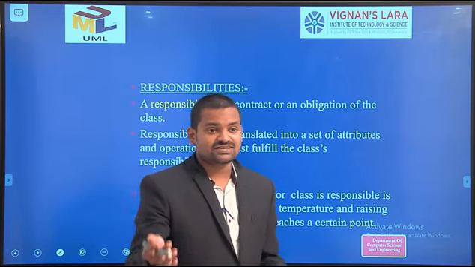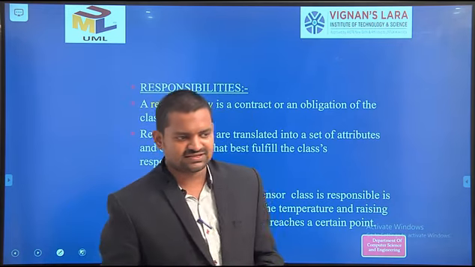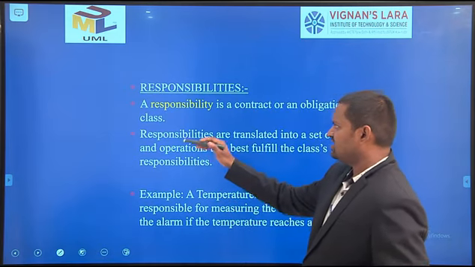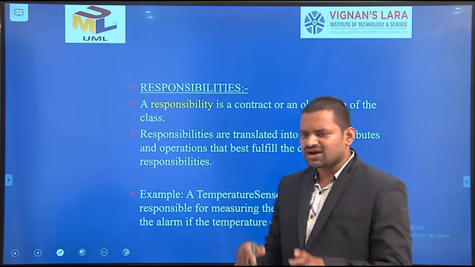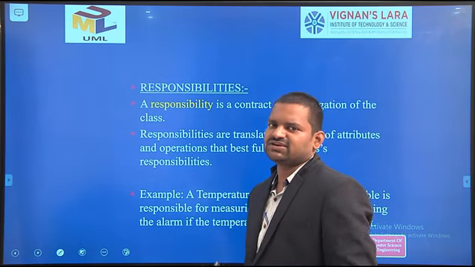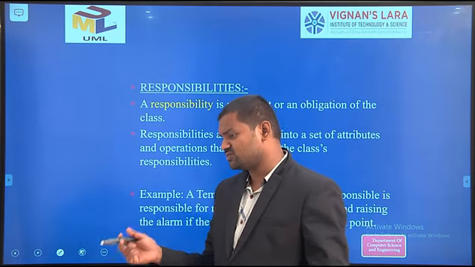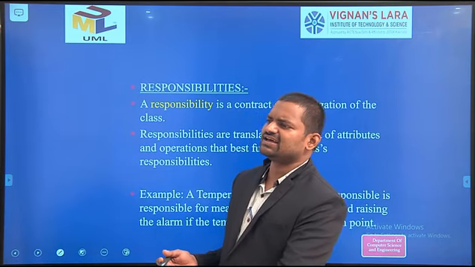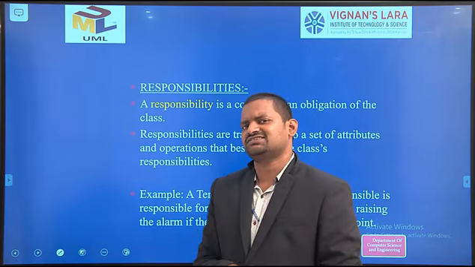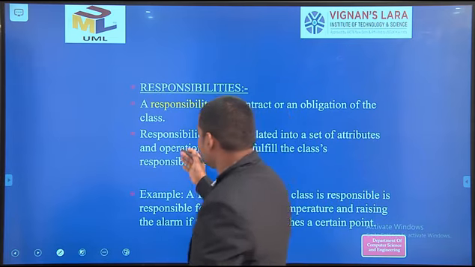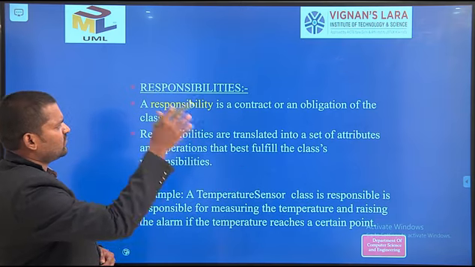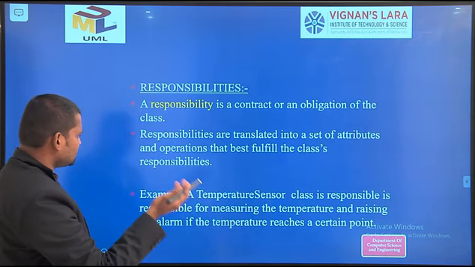And the last, the fourth one, is the class responsibilities. What is a responsibility? What the class can actually perform other than operations. You may use responsibilities to add to the existing class also. See, a responsibility is a contract or an obligation of the class.